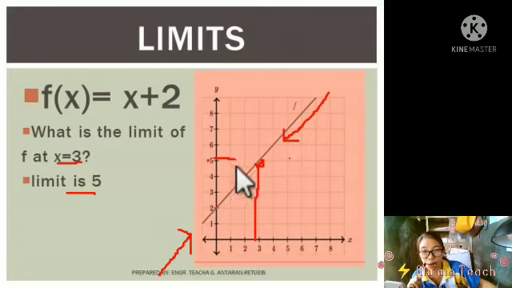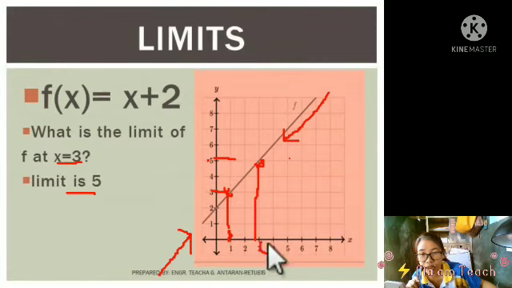Can you follow? Let's say, for example, your x is 1. Obviously, your corresponding y there is 3, right? As you go to 3, because your target is 3, your y is also approaching 5.